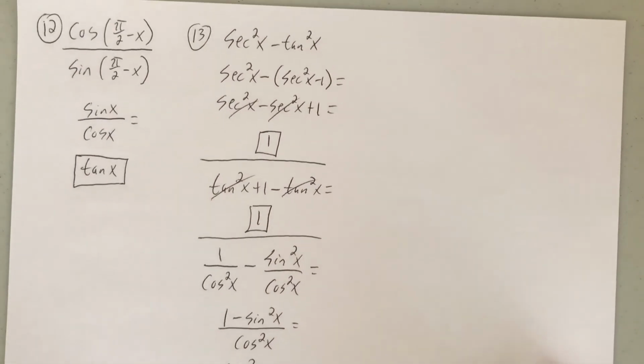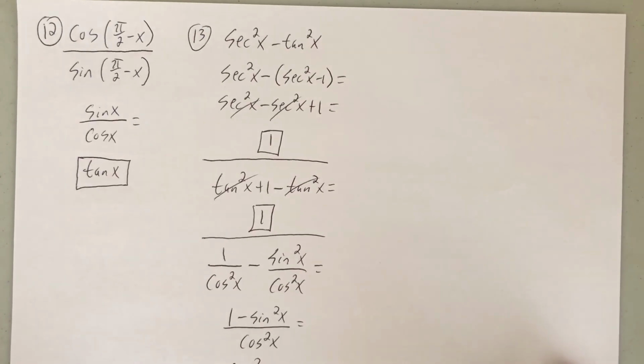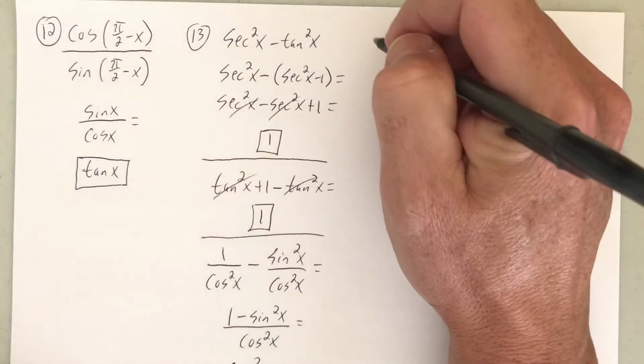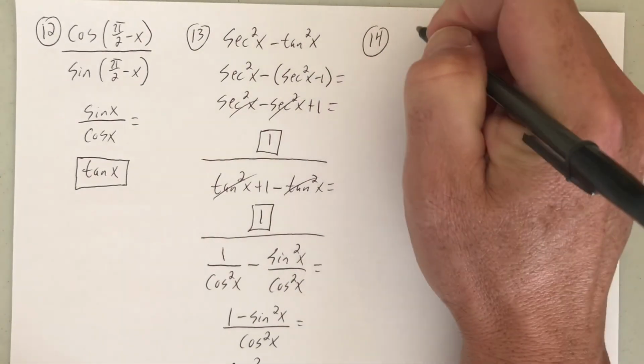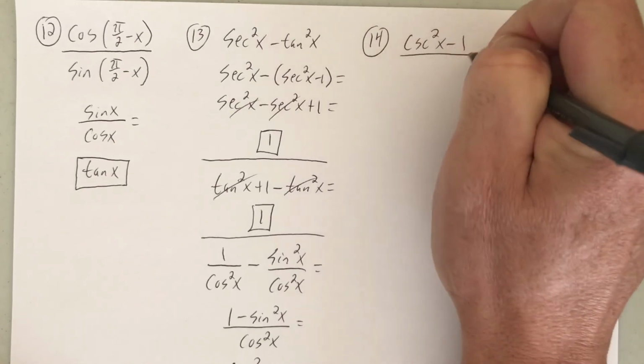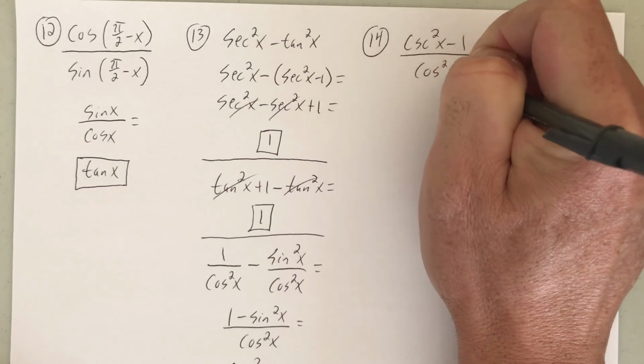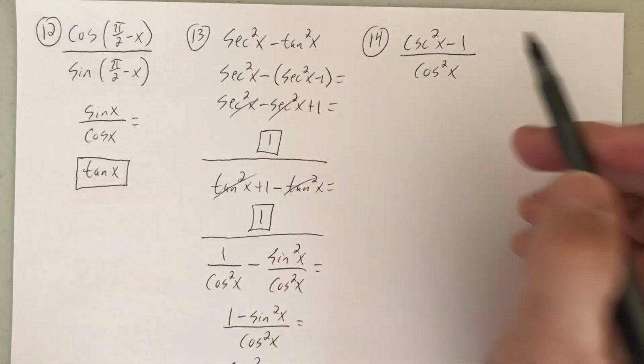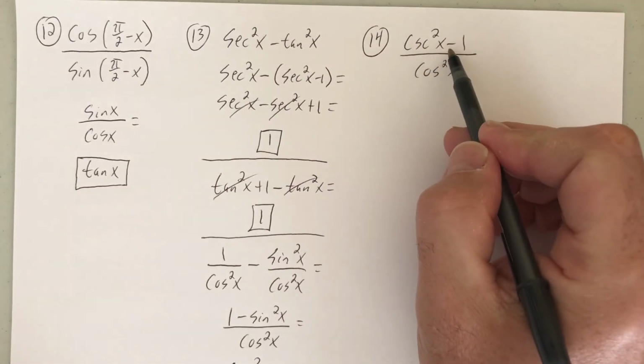All right, so let's look at the last problem for this part of the video. Number 14, we got cosecant squared x minus 1 over cosine squared x. So looking here, I'm going to go with my Pythagorean identities.